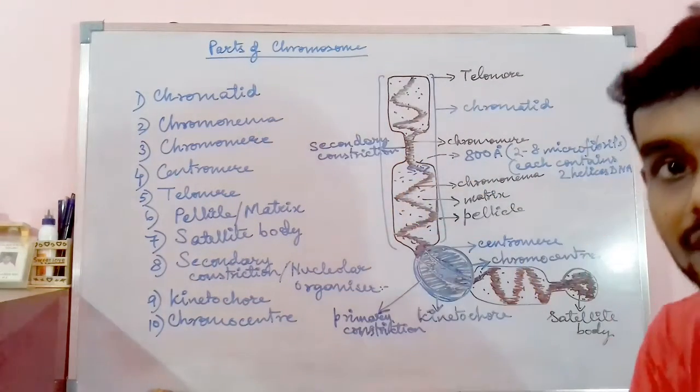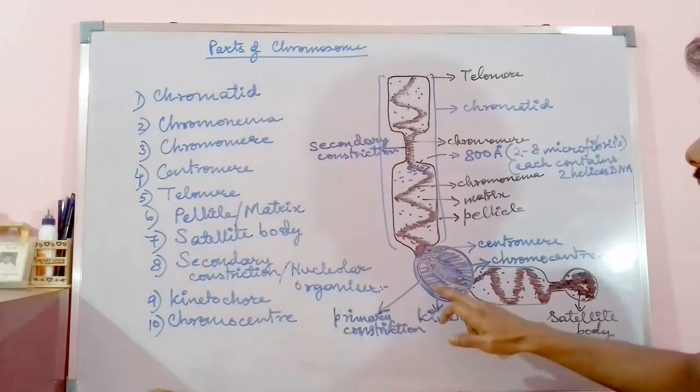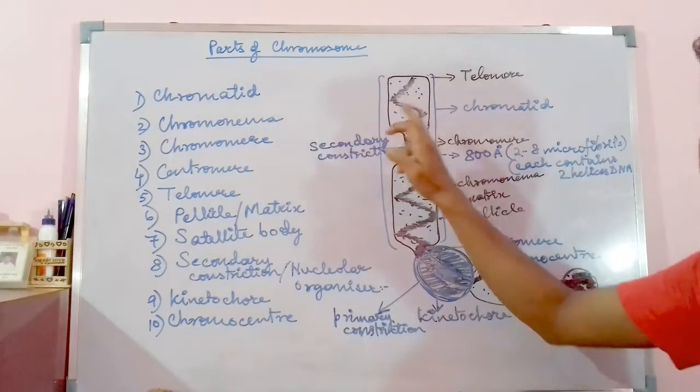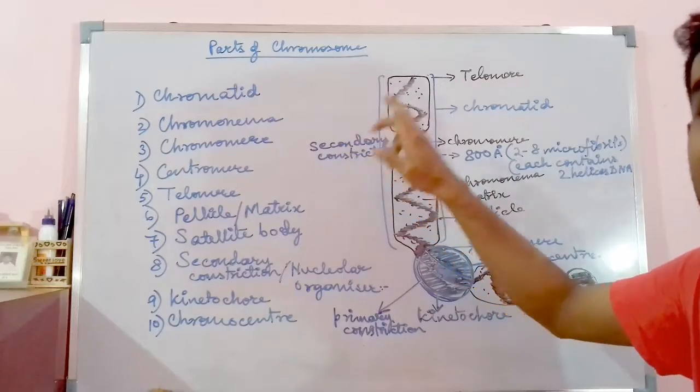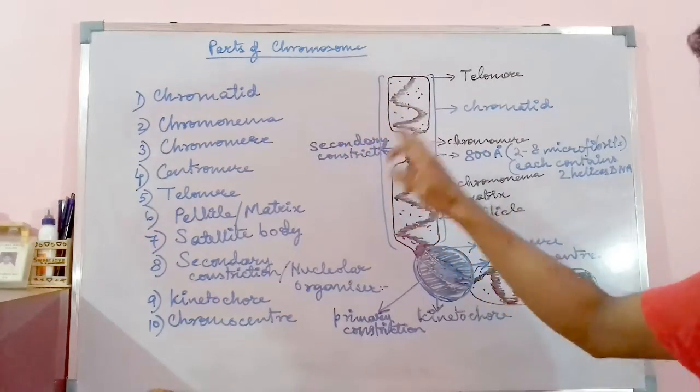That is the constriction present other than the primary constriction zone, known as the secondary constriction or the nucleolar organizer.